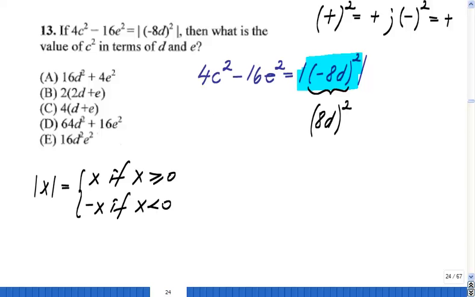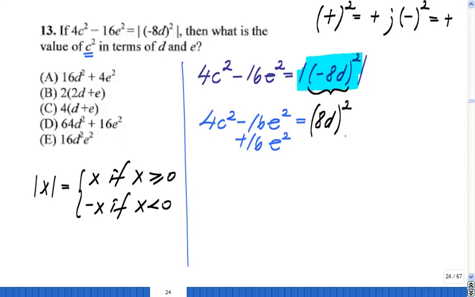So your equation now is looking different. 4c squared minus 16e squared equals AD everything squared. Now you have to separate your variable, which has to be c squared. We have to solve this equation for c squared, which means I'm adding 16e squared to both sides.